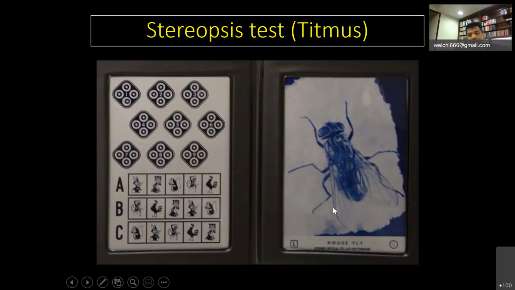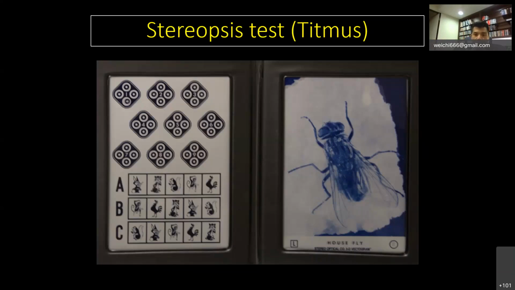For older kids, we would ask the patient to put on glasses, like 3D glasses. Then we ask the patient to grasp the wing of a fly, and if they can grasp the wing of the fly without touching this plastic panel, then we think the patient has good or adequate stereopsis.